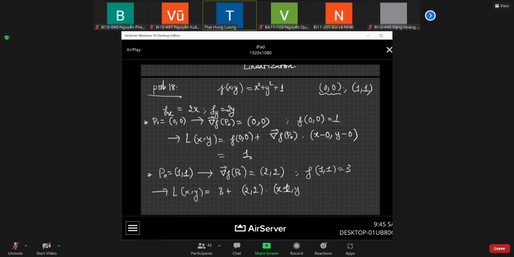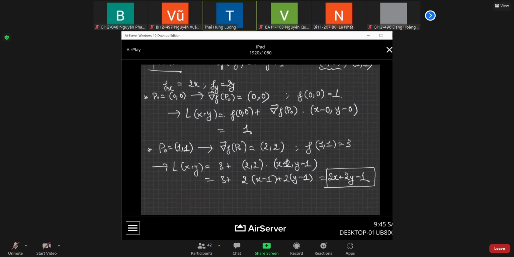This one. Just gives us this. So here is the linearization for the second case.